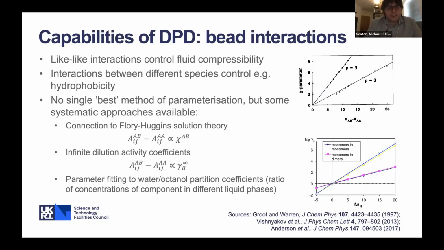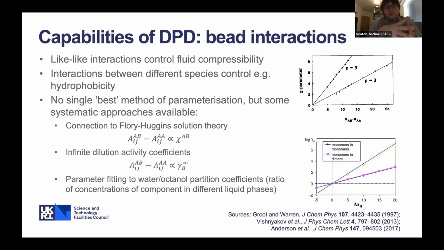So one of them is a connection to something called Flory-Huggins solution theory. We can define a parameter chi, which is linked to the free energy of mixing between two components. Now, this assumes that the interactions between our beads are all the same.